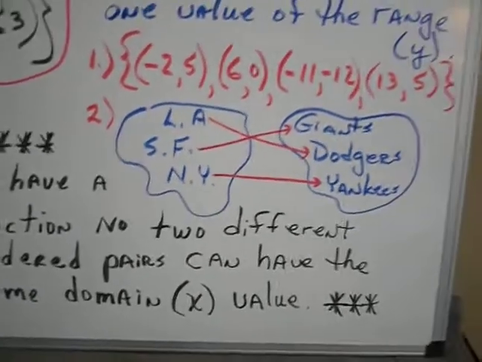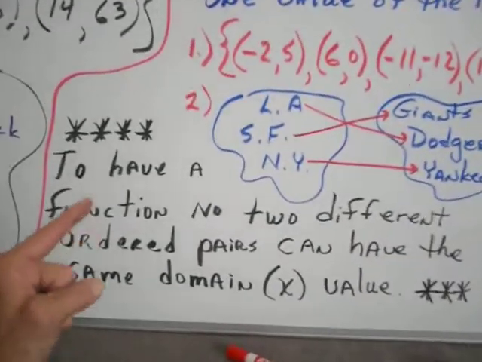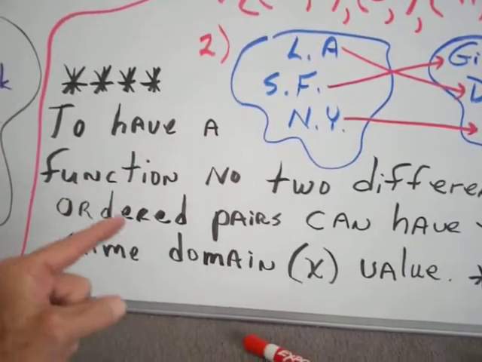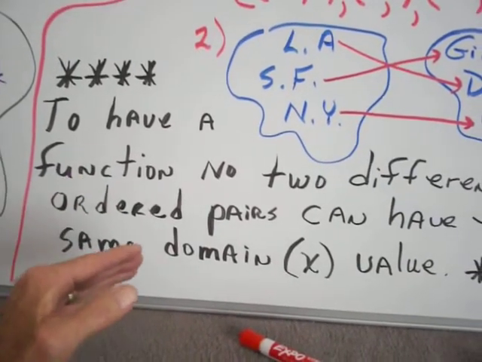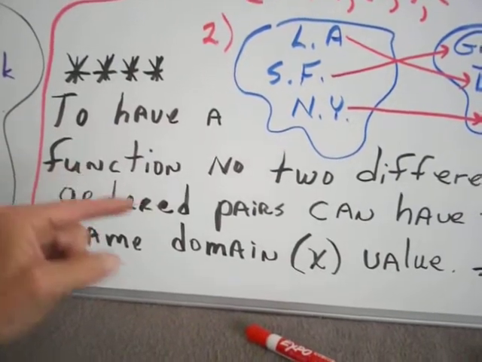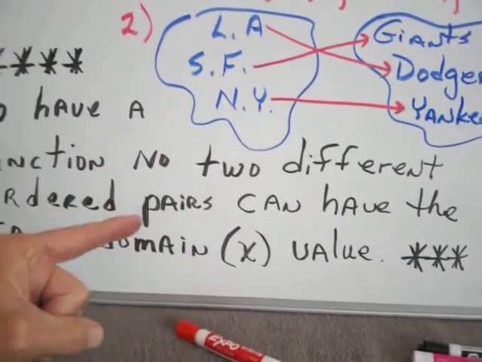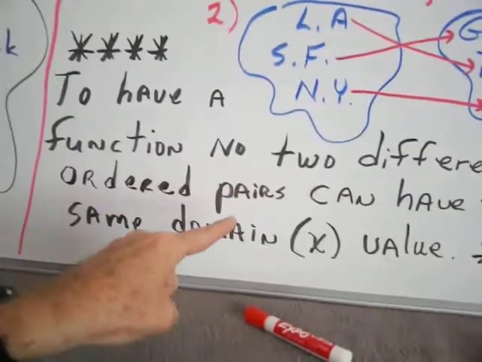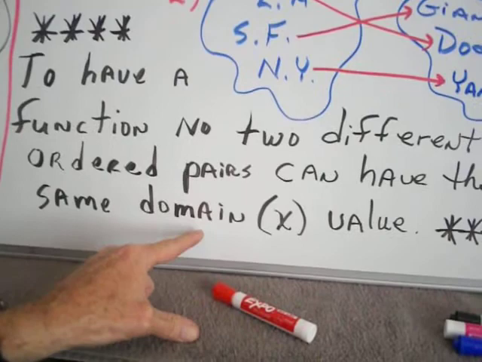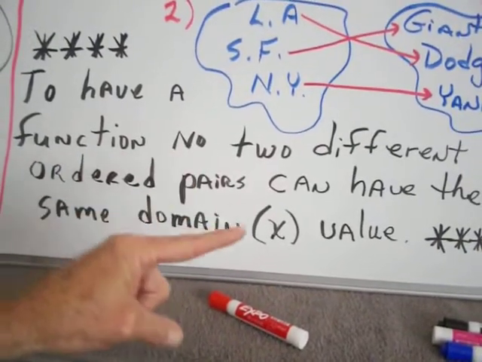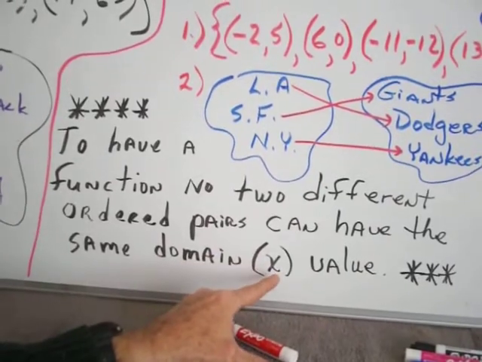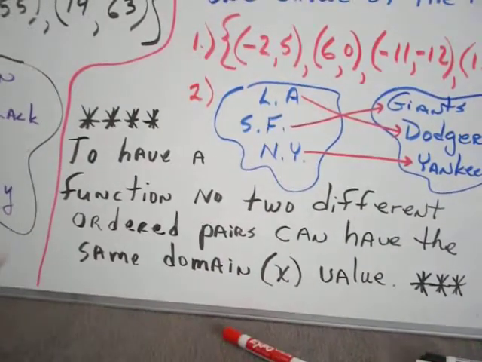Now, folks, before I leave this section, there is a key principle that we want you to know. To have a function, no two different ordered pairs can have the same domain. No two different ordered pairs can have the same x value.